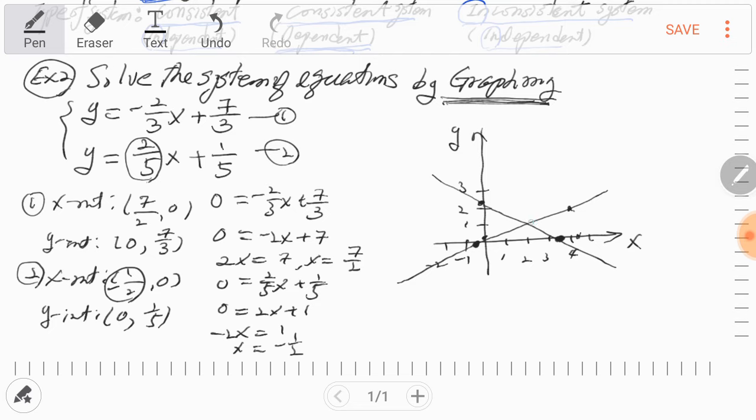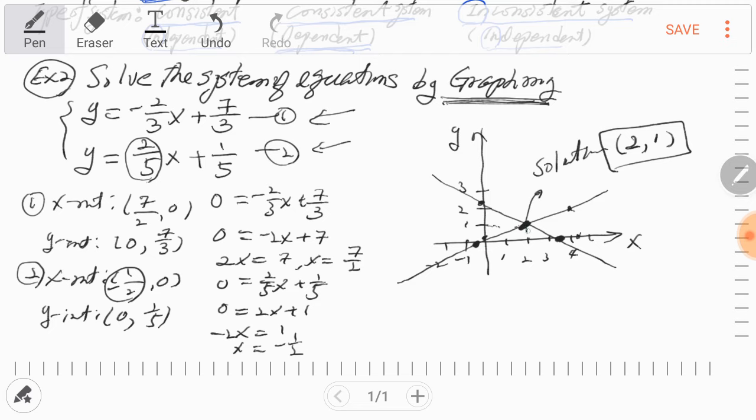And the intersection of these 2 lines is this one. So this is the solution. Let's find the coordinates of this solution. The x-coordinate looks like 2, and the y-coordinate looks like 1. So the solution is x equals 2, y equals 1. If we plug this in, it should satisfy the first equation and the second equation.